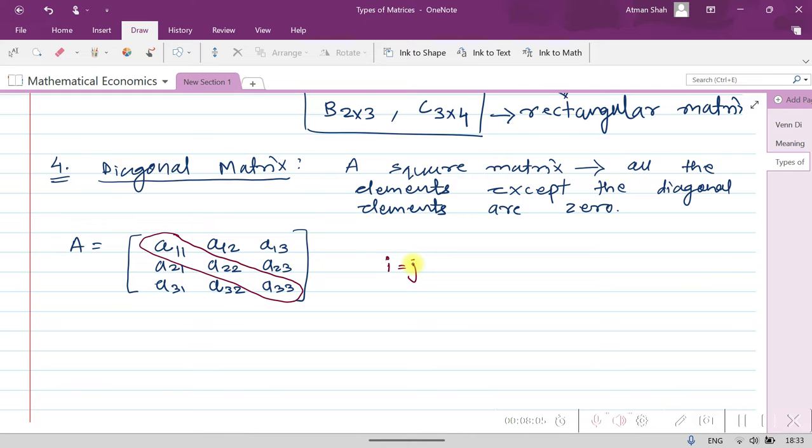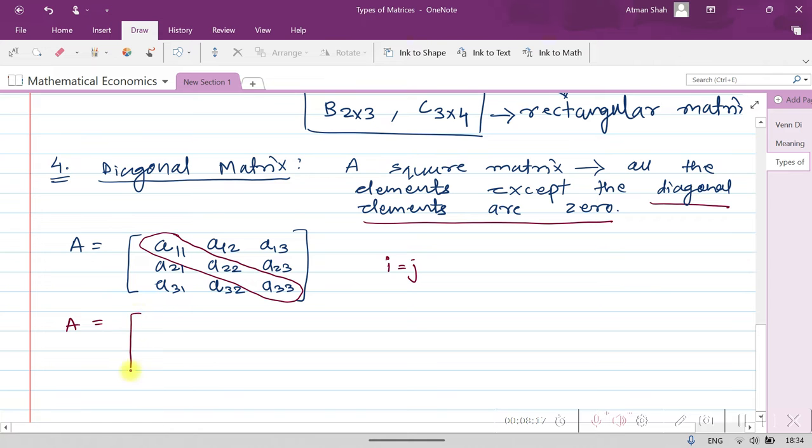So if all the elements except the diagonal elements are 0, then we have diagonal matrix. See this example. Suppose we have matrix A which is equal to 6, 0, 0, 0, minus 9, 0, 0, 0, 11.